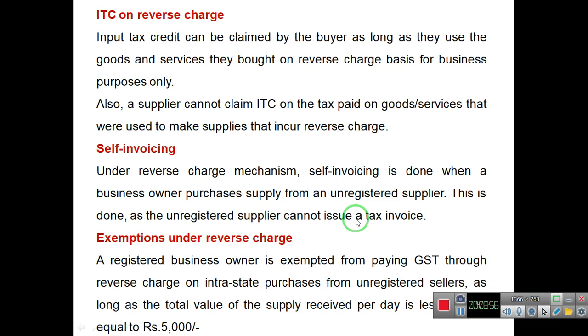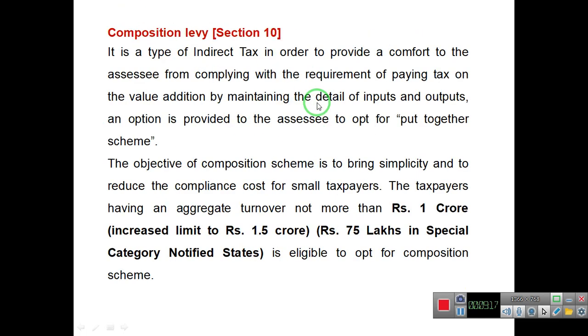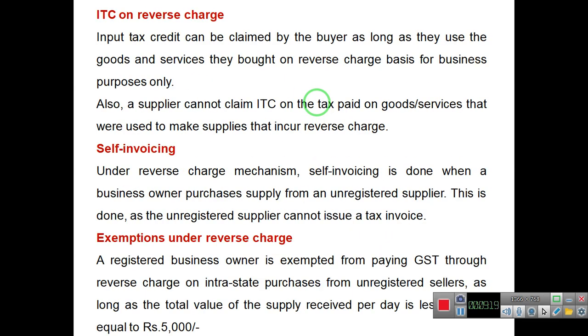This means that a registered business owner is exempted from paying GST through reverse charge on intra-state purchases if he is purchasing goods from the unregistered seller and the total value of supply received per day is less than or equal to 5,000 rupees. So it's all about reverse charge mechanism.